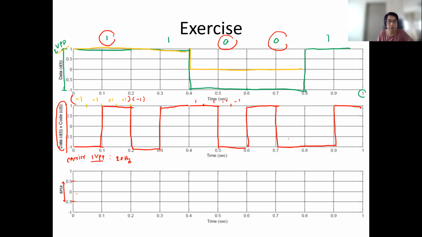Then the amplitude of the modulated signal will be 1 volt peak to peak also, because you have to do the multiplication between the original data that you want to modulate and the amplitude of the sine wave. So 1 multiplied with 0.5 will be 0.5, right?